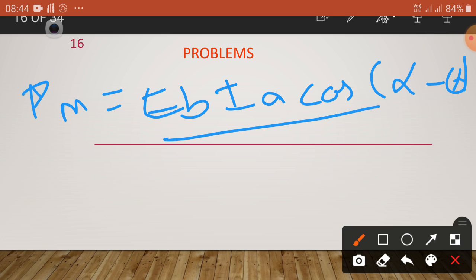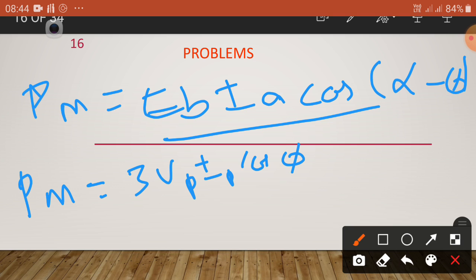We can write PM as the total input per phase, 3 into V phase I phase cos phi, minus I square RA copper losses, that is, stator input minus stator copper losses. That is the net mechanical output generated in the rotor.